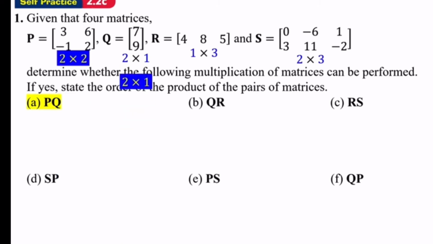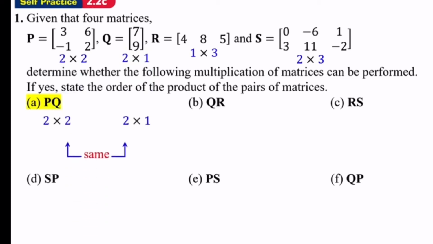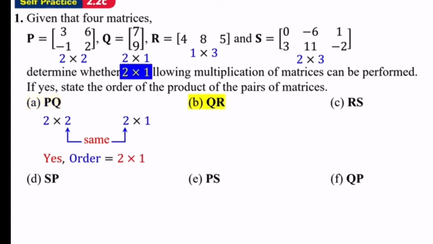So for P and Q, it seems like we will get 2 by 1. So the number of columns and the number of rows for the matrices are the same. So the order should be 2 by 1. Okay, so that is how you determine the order of the matrix.